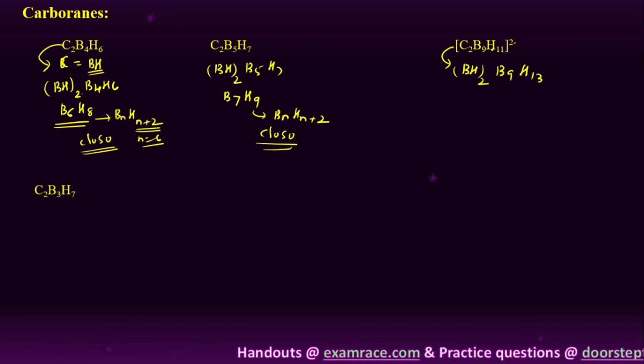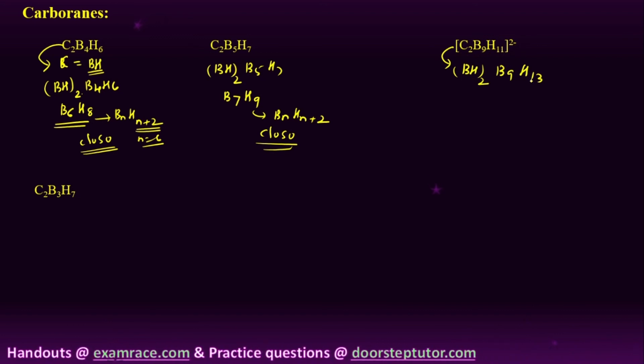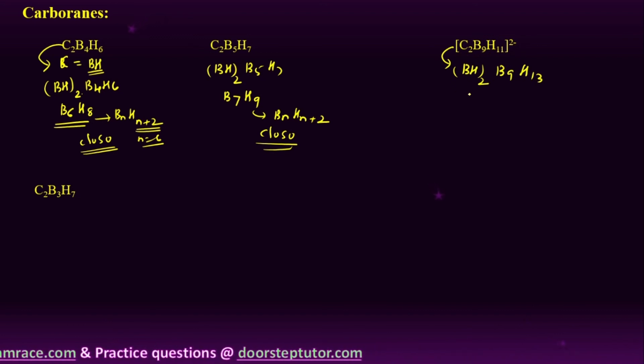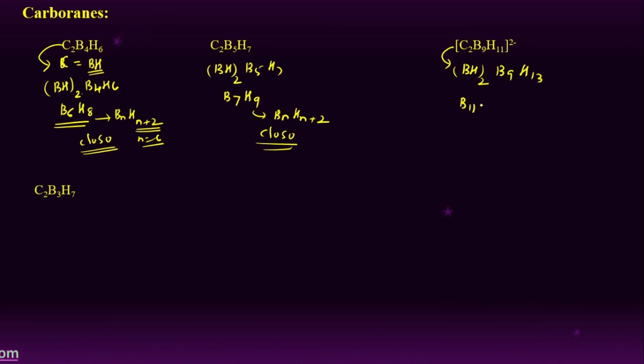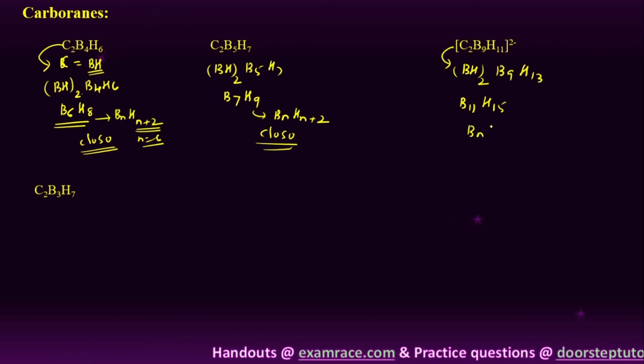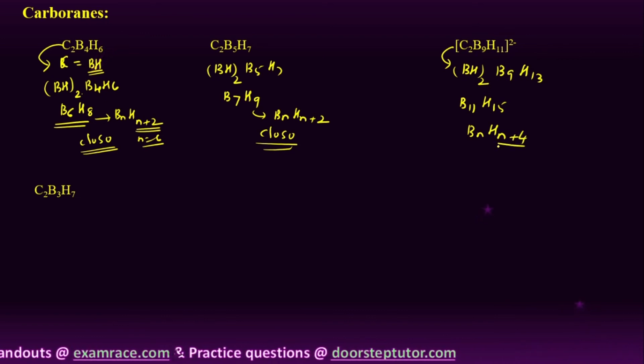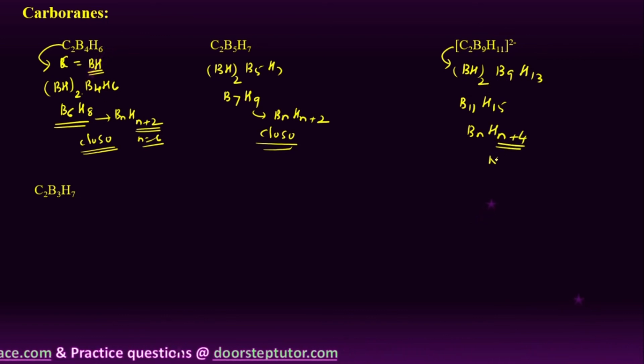One negative charge, you can just add as hydrogen. For one more negative charge, add one more hydrogen atom. That's it. So 2 boron and 9 boron means it is B11, and adding all these hydrogen, H13 plus 2, that is equal to 15. Therefore, student, B11Hn plus 4. n plus 4 means nothing but it is nido.